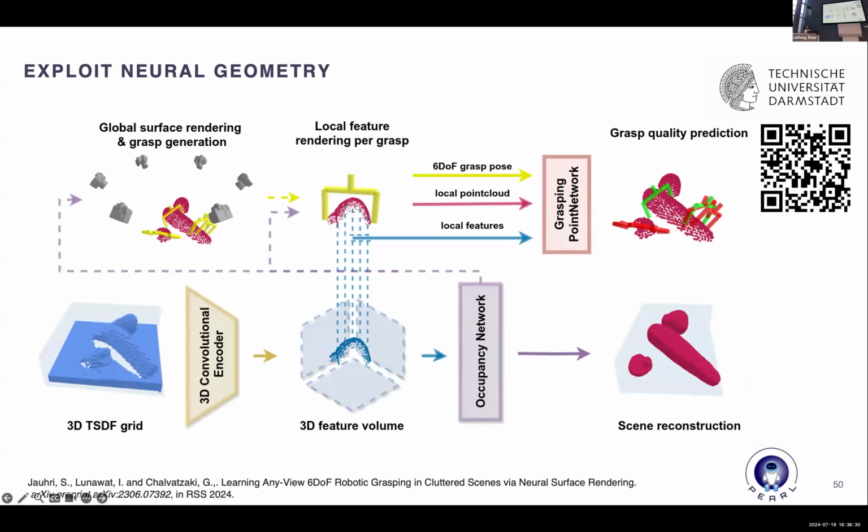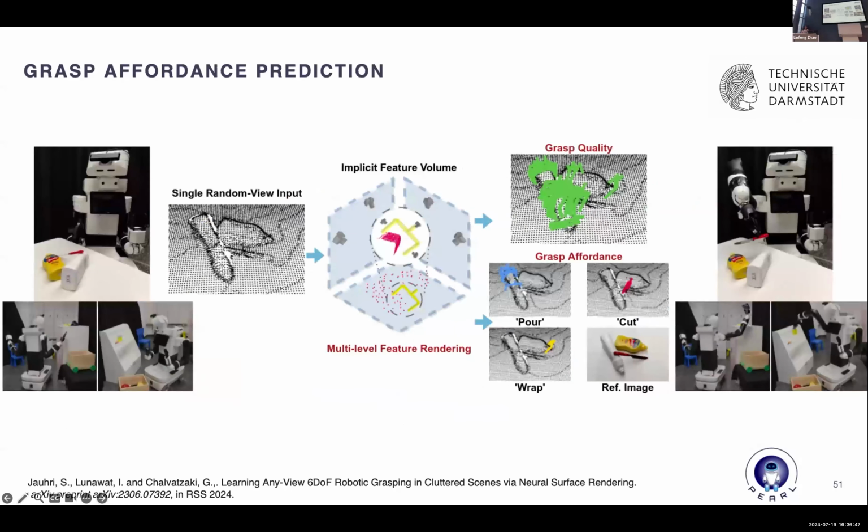So we took the standard setting of taking point clouds and understanding which is a good and bad grasp in SE3, and we used local and global neural surface rendering, which allows us to get quality evaluation at any view, because we have mobile manipulators that can move around, have their camera move in any pose, and also a robot can go up and down. It has the elevation.